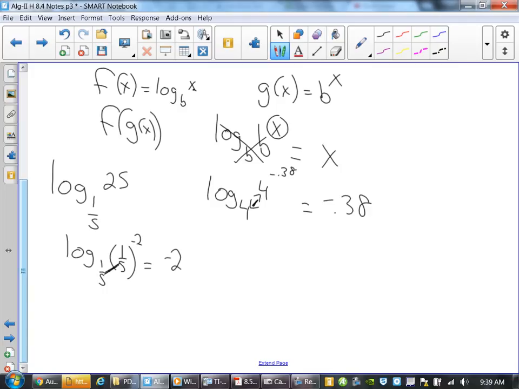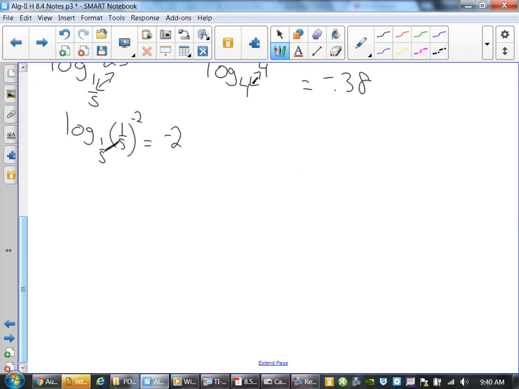Now, you looked at me all crazy, more so than normal, because you're wondering why I know it's 1/5 to the negative 2. Am I right? Okay. Remember, a lot of times when you're switching from fraction to whole number, the easy thing to do is raise it to a negative power by flipping them around. So if I'm thinking that 25 is 5 squared, what I can do is this.